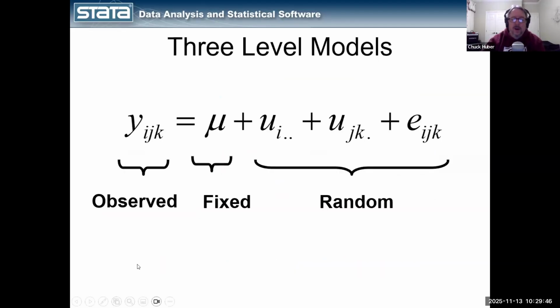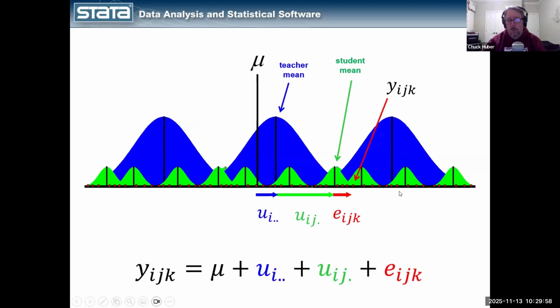Okay, so now the observed part is the same. We have the Y_ijk. The fixed part for now we're going to leave as mu. Now we have three of these random deviations or random effects in here. So what does this mean? Well, now if I talk about a particular observation, I can talk about this observation deviating from the student mean. So that's one of the repeated observations within student.